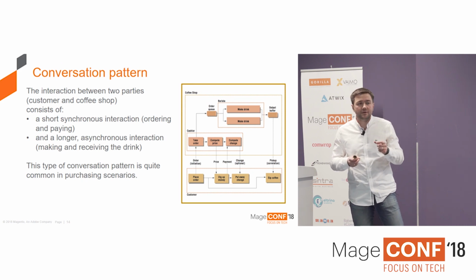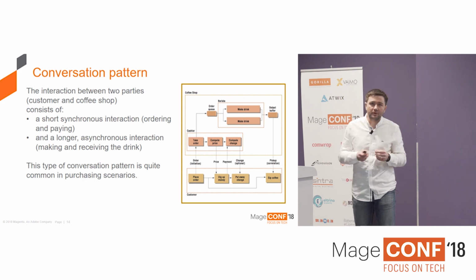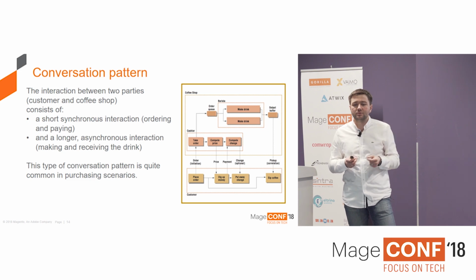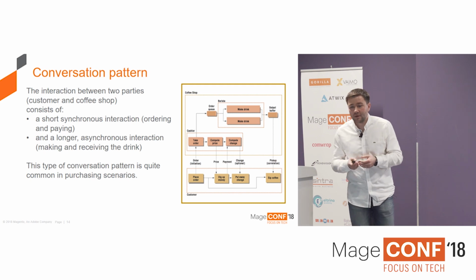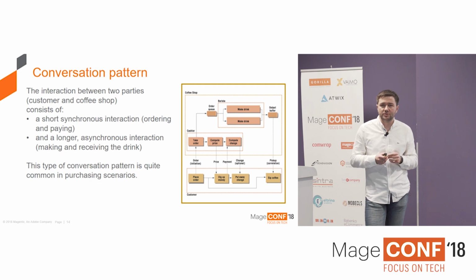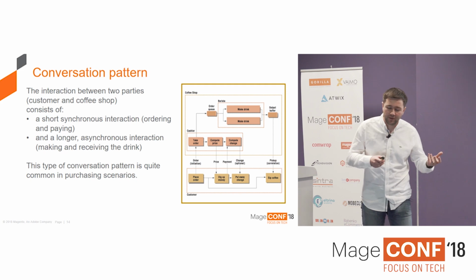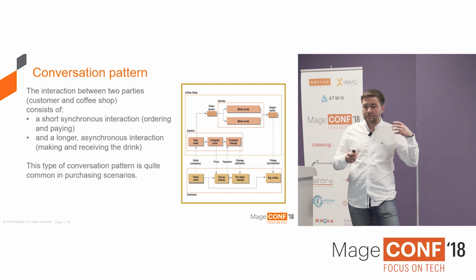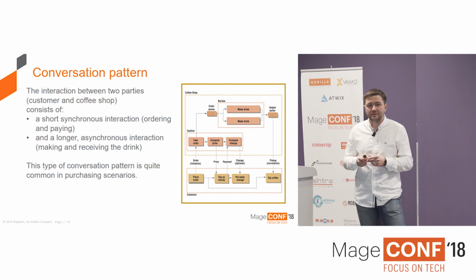If you look at the business model of how Starbucks works, there is a really short synchronous interaction between the customer and the person who accepts the order. Ordering and paying is a really short operation which happens synchronously. That is the transaction when the customer is charged. After that, the cashier puts the order into the queue, which is processed asynchronously.